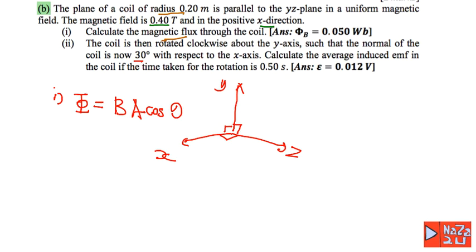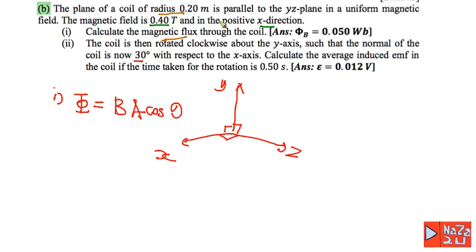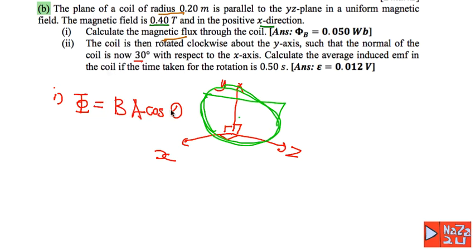Now let's say you have the coil in the YZ plane, and this is the direction of B through the coil. This is B, the magnetic field through the coil.